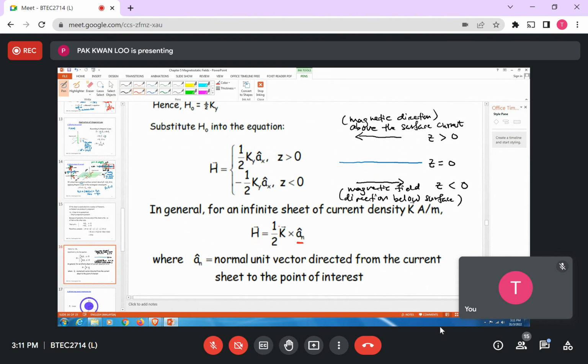The magnitude is basically half of the amplitude of this. If this is a unit vector, then 1 times anything is always that thing. So basically, we can say the magnetic field is half of the surface current density. I'm saying the magnitude. If we want to look at the direction, then we have to do the cross product.